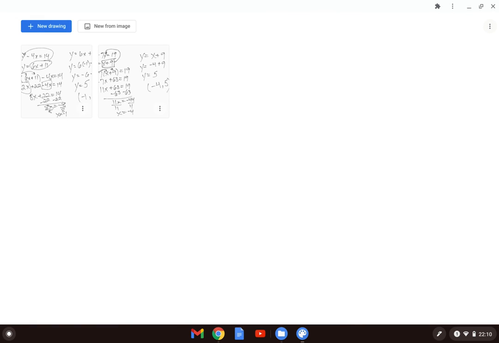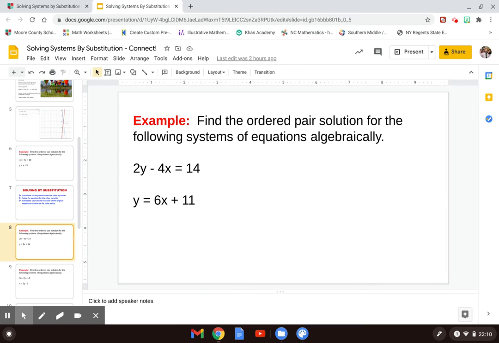All right, so then let's go to our final example, which is 3x minus 2y equals negative 3, and x equals 2y minus 1.